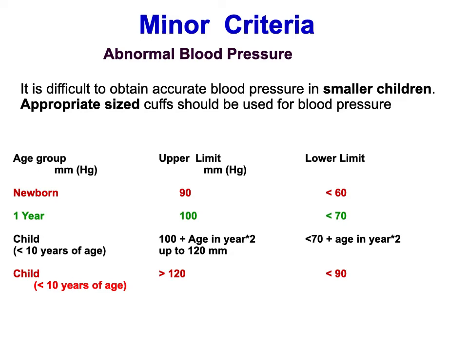Now again, going by the diastolic, I told you the difference is 30 millimeter. So from 90, on the diastolic side it is less than 60. For 1 year, it is less than 70. Then again 2 millimeter every year till 90 millimeter is reached.